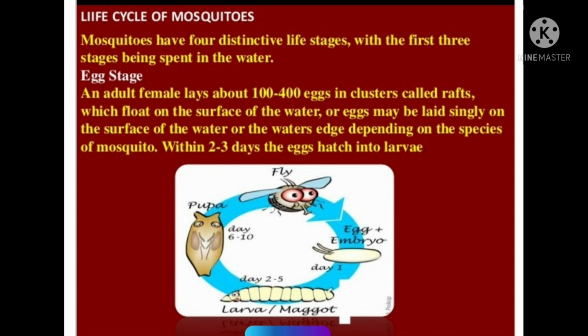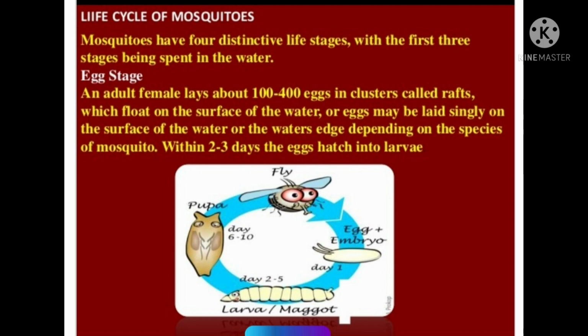An adult female lays about 100 to 400 eggs in clusters called rafts, which float on the surface of water, or eggs may be laid singly on the surface of water or the water's edge, depending on the species of mosquitoes.